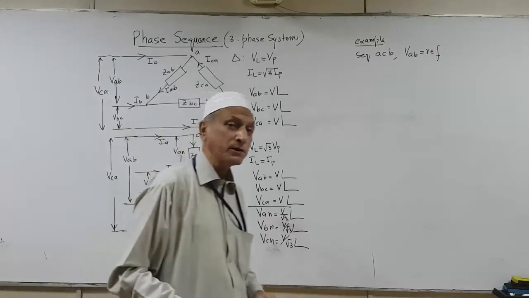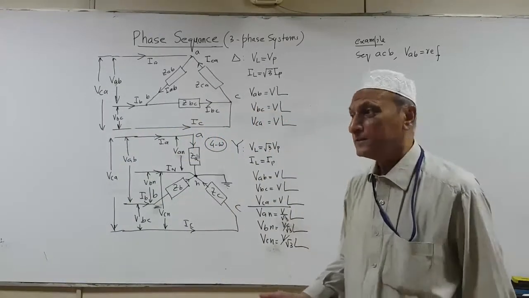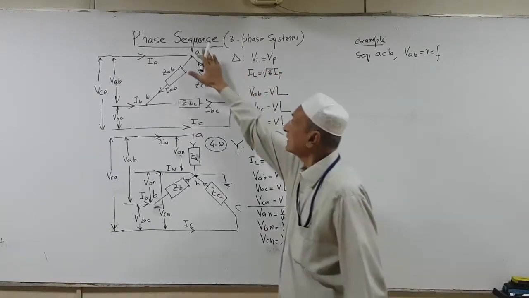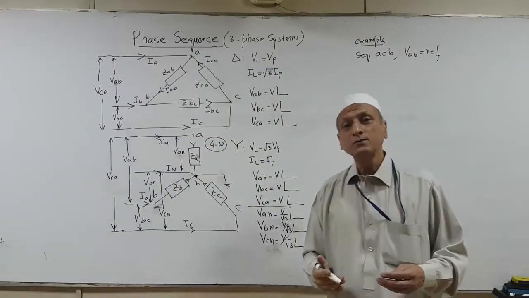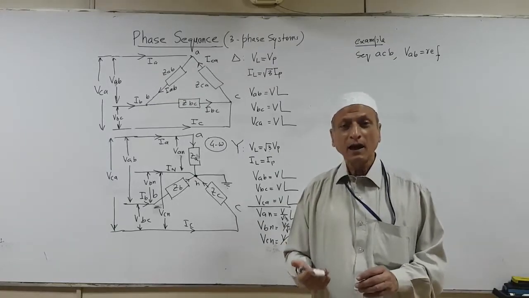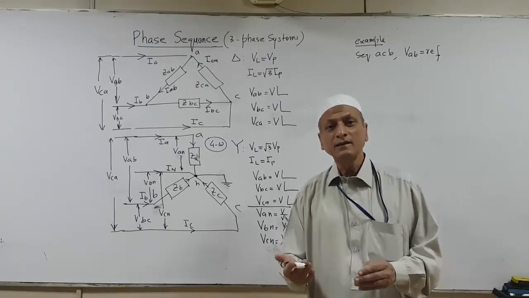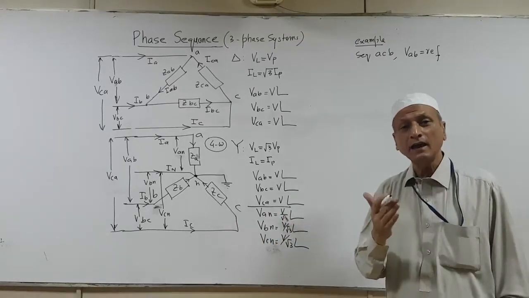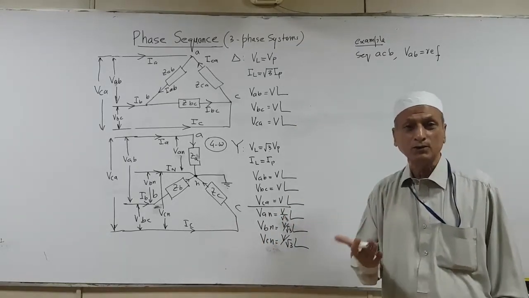The most important thing when we talk about a three-phase system is the phase sequence. The phase sequence is generally referred to as the sequence ABC, BCA, CAB, etc., that is, how you arrange these A, B, C in any form you like.